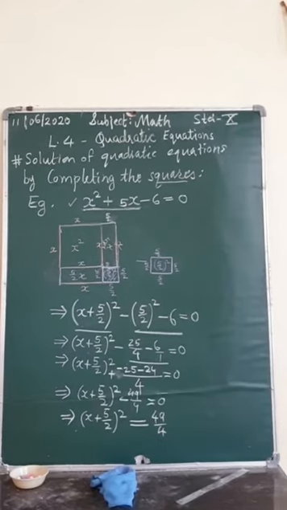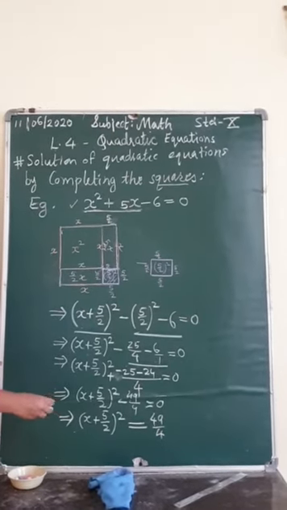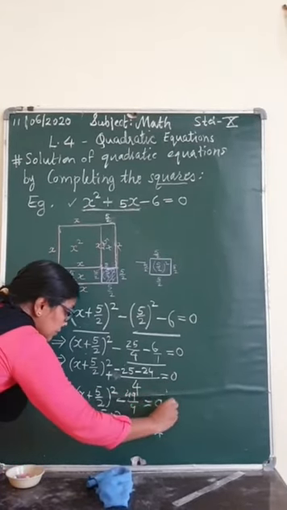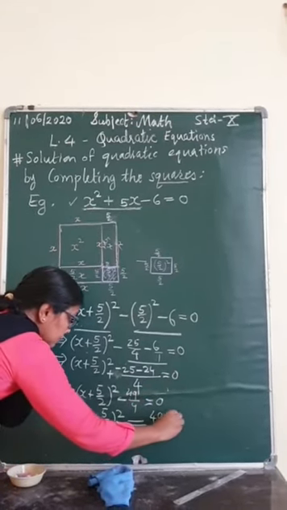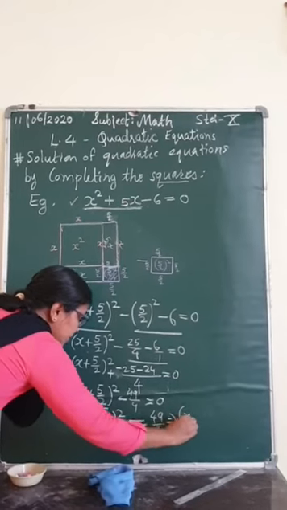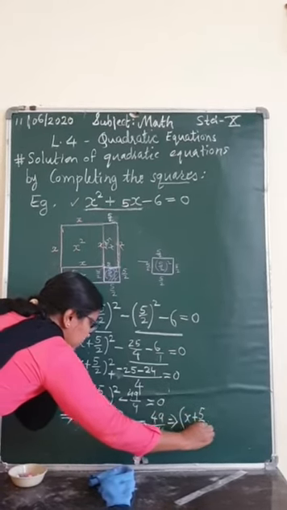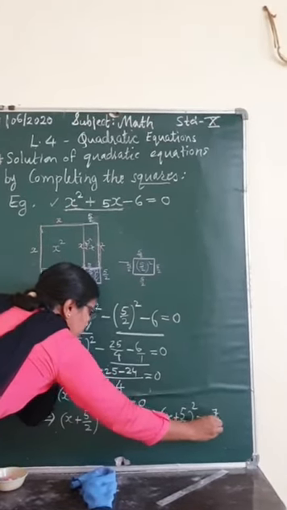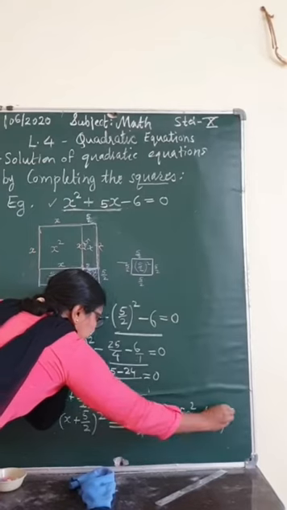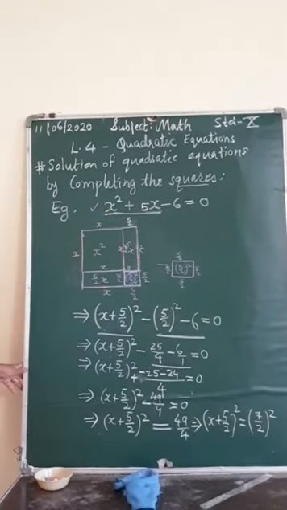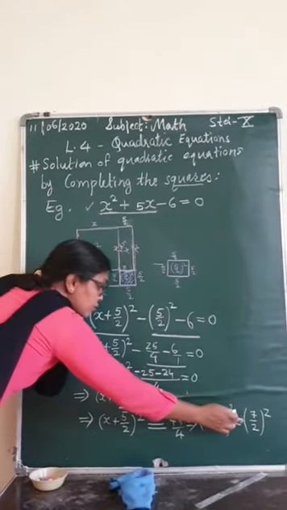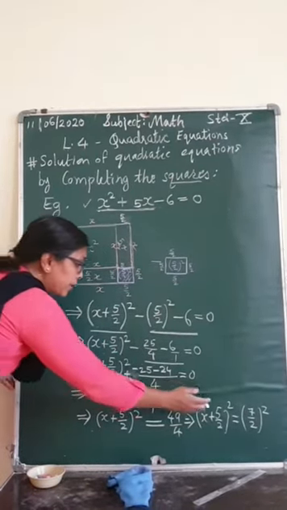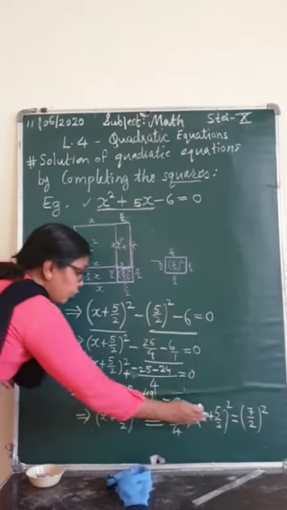Now this 49 upon 4 is nothing but 7 upon 2 whole bracket square. So x plus 5 upon 2 whole bracket square is equal to 7 upon 2 whole bracket square. Now it's not only positive 7 upon 2 when you are finding the square root of this.